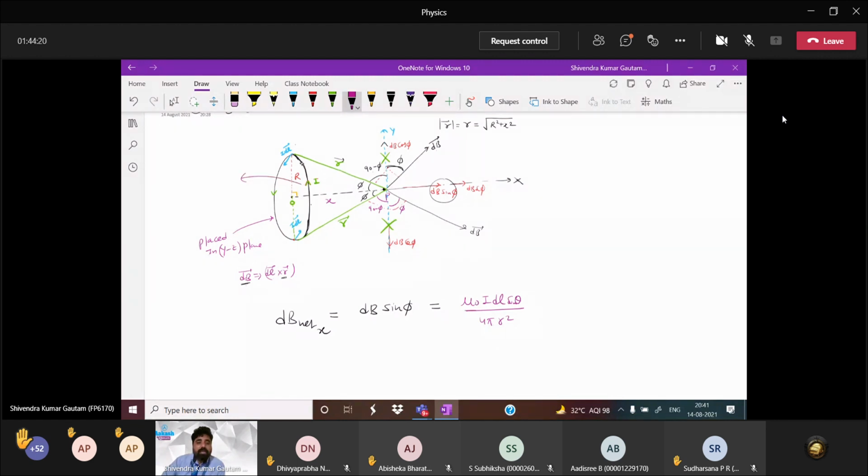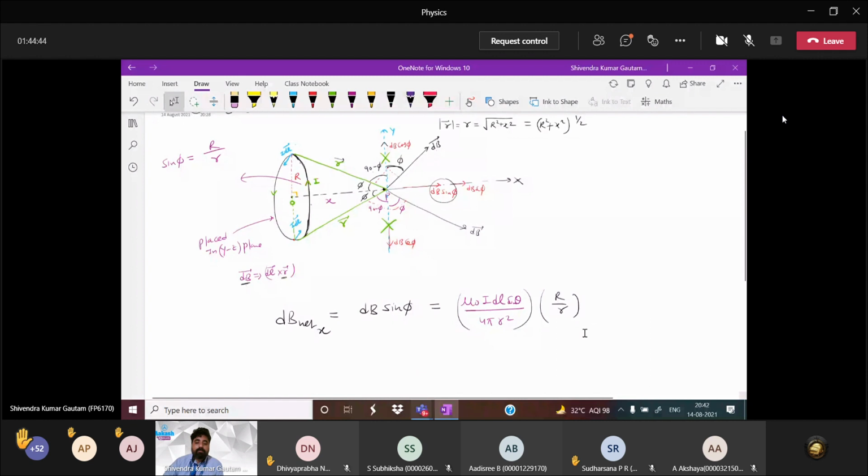It is capital R by small r. Later on we'll put the value of small r, which is r square plus x square power 1 by 2. So the sin phi value we got here is capital R by small r.